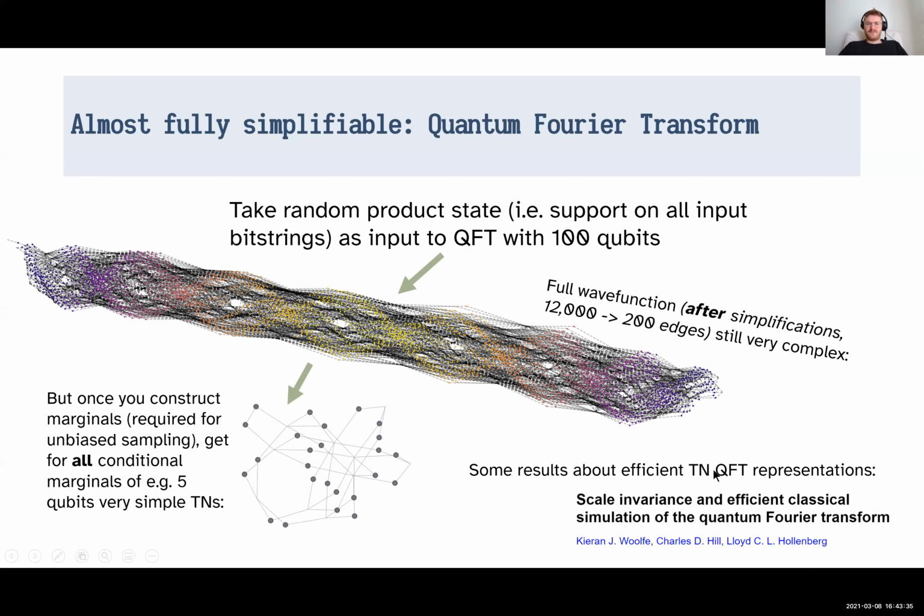And there do seem to be some basically numeric results about the quantum Fourier transform having low rank tensor network decompositions or approximate decompositions. But as far as I'm aware, it is not super easy to understand why this would be so easy to fully simplify down.